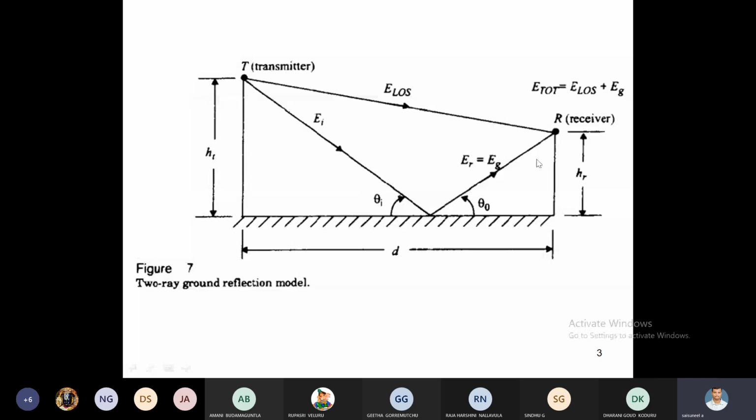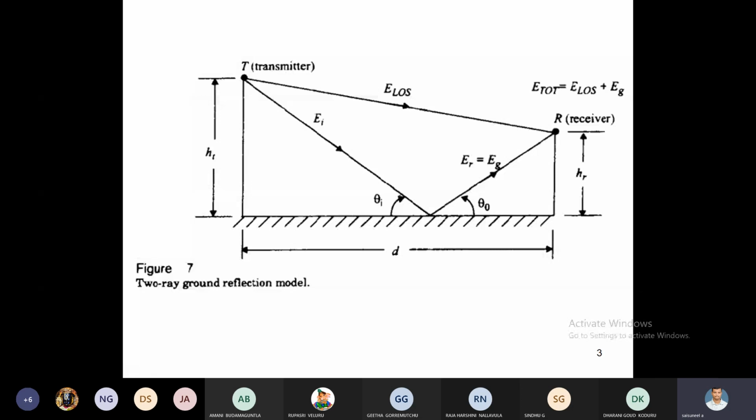Here, the direct line of sight path energy of the signal is ELOS. For the ground reflection, the incident ray from the transmitter to the ground is EI, which touches the ground point, is reflected, and finally reaches the receiver. That is ER, the reflected energy, which is the ground reflected component.